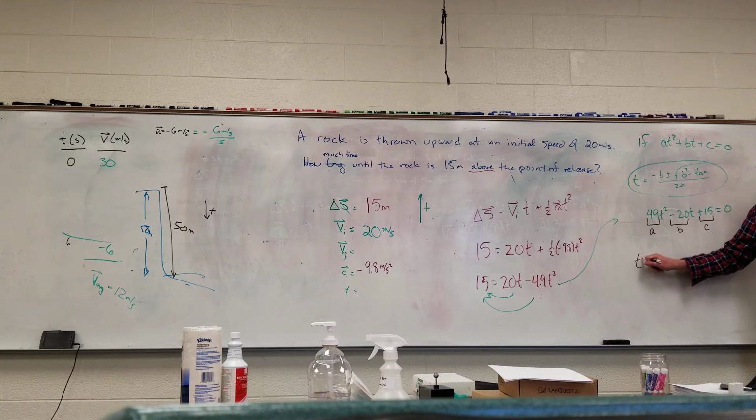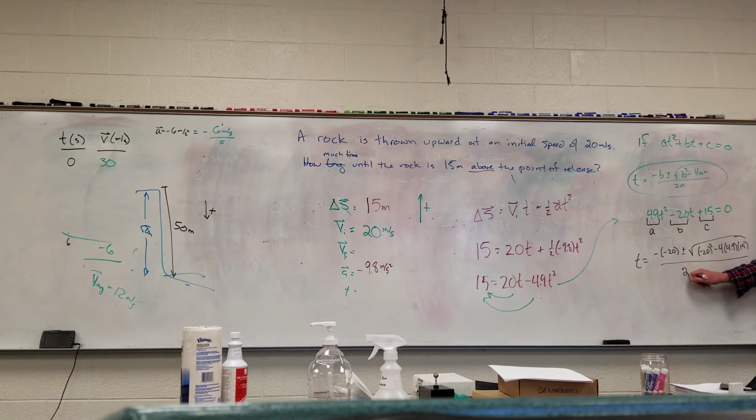So time equals negative 20 plus or minus the square root of negative 20 squared minus 4 times 4.9 times 15, divided by 2 times 4.9. So this becomes 20 plus or minus the square root of 400 minus whatever that is.